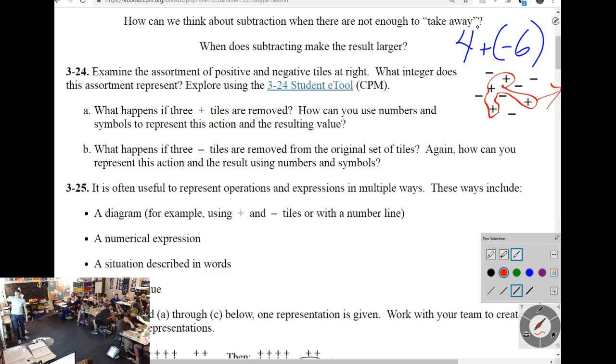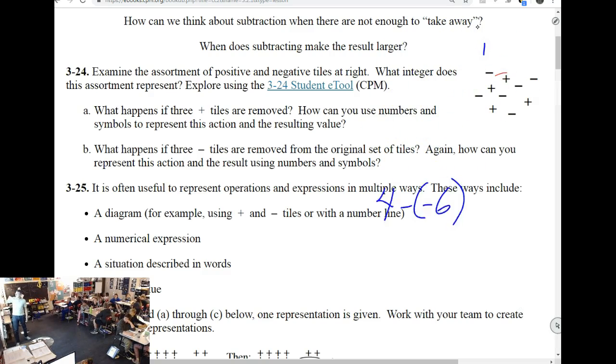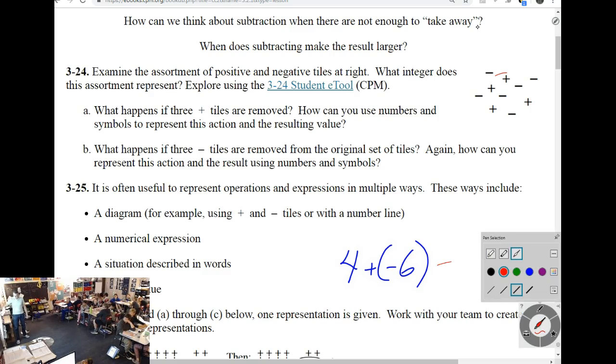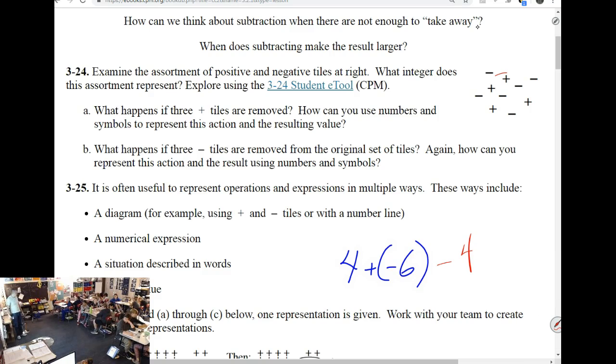So we would have to modify this. I don't know why the vertical line doesn't go with it. It broke my plus. Minus 4, right? So go ahead and write a minus 4 on the end of your expression, because if we take away those positive 4, that's going to be minus 4.